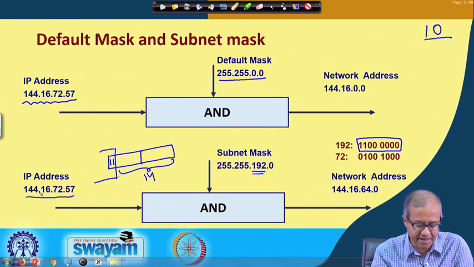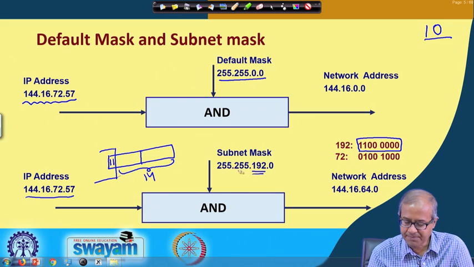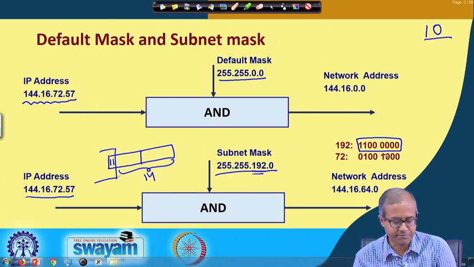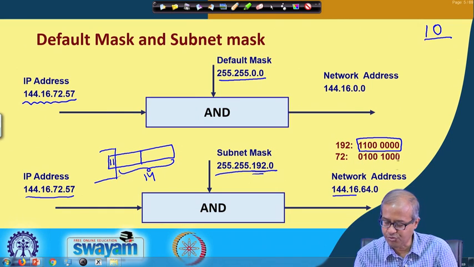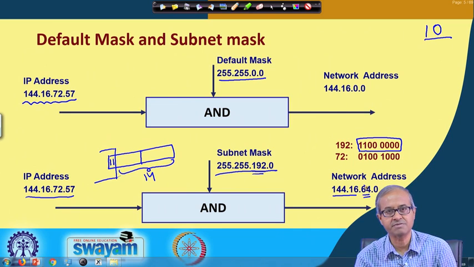If I have an address like this and a subnet mask like this, and I do a bit by bit AND again, you can see that 144.16 will remain, and for 192 and 72, if you take a bit by bit AND, these bits will all become 0, only this 1 will remain, 01000000, which is 64. This will be the network address.